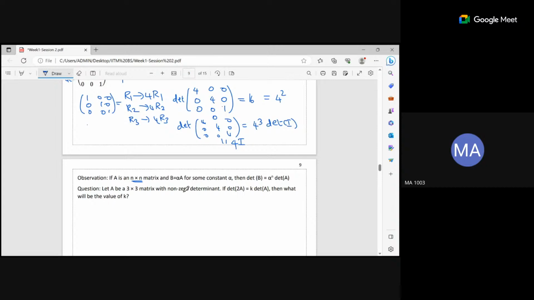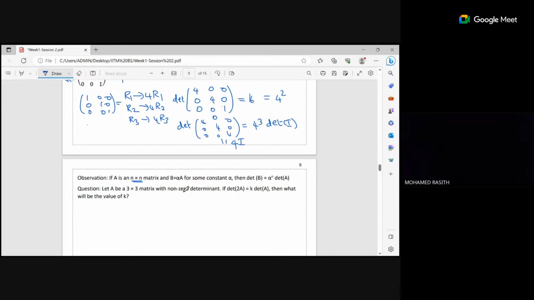Now if the determinant of 2 times A is equal to k times the determinant of A, then what will be the value of k? 2 cube, 8. Yes, 2 cube, because from this property you know that the determinant of 2 times A is equal to 2 power, here what is your n?